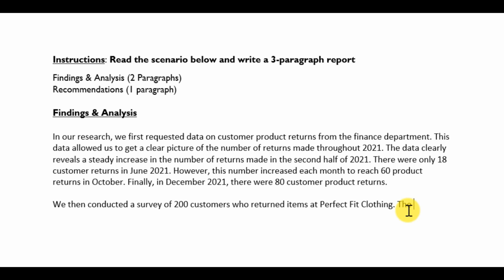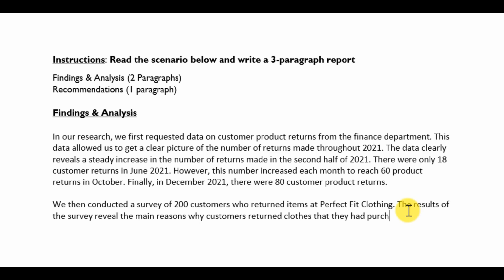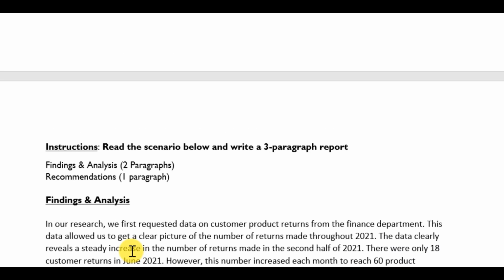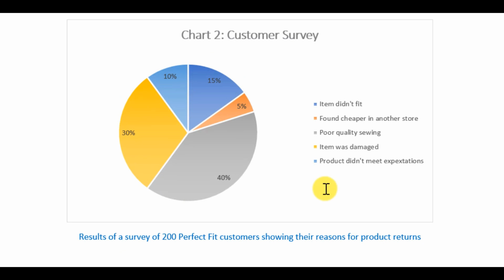So, the results of the survey reveal the main reasons why customers returned clothes that they had bought, or again, I could use a more professional, formal, academic word like purchased. Once again, time to look at the chart.